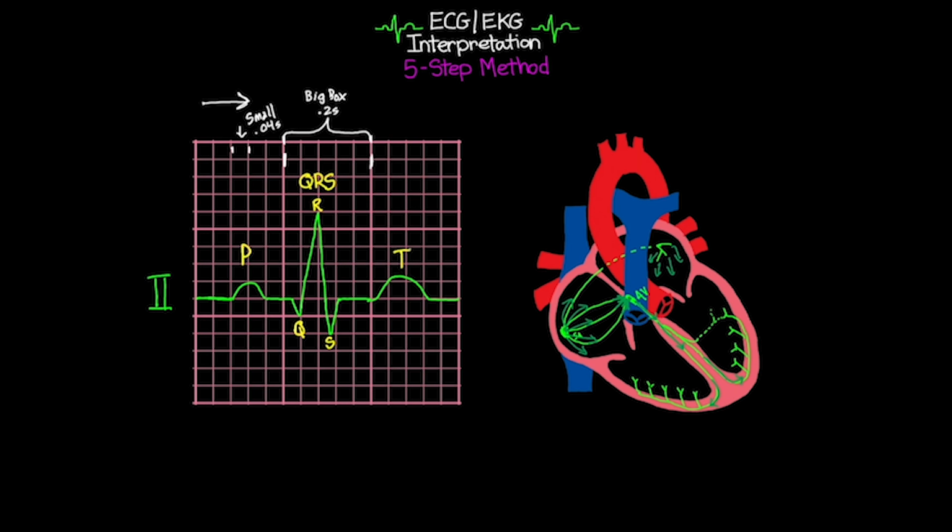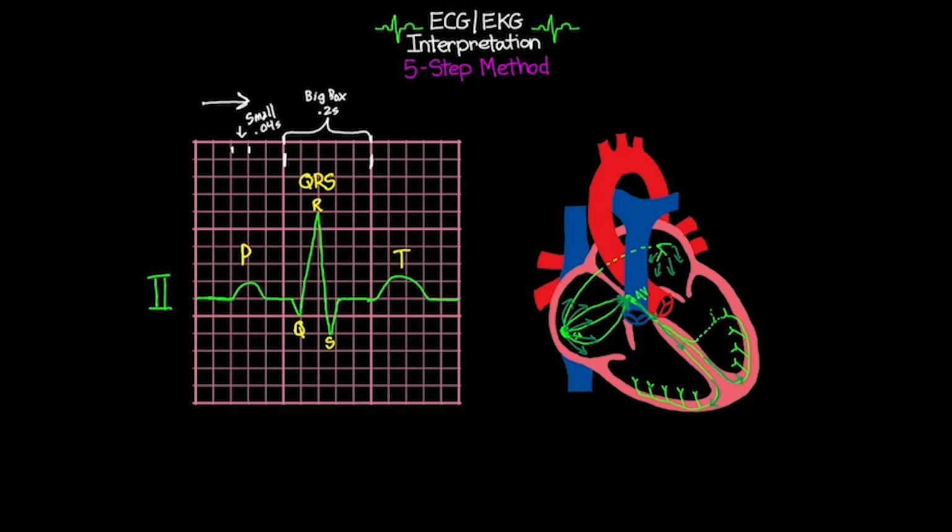So our atrial repolarization would actually be much smaller than even our P wave. In fact, it's in there, it's just being buried and masked by the giant QRS complex that's taking place. So both the atria and the ventricle go through a depolarization and repolarization phase, but the only one that we're going to see on our ECG tracing is our ventricular repolarization.